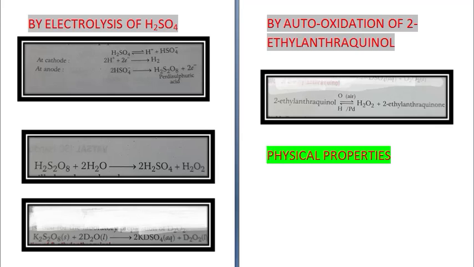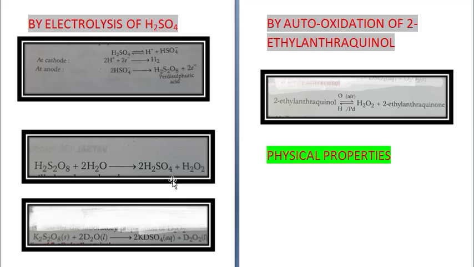At the cathode, the reaction that is taking place is 2H+ plus 2 electrons gives you H2, and at the anode 2HSO4- gives you H2S2O8 plus 2 electrons. H2S2O8 is called peroxydisulfuric acid. Now this H2S2O8 combines with 2 molecules of water to give you 2H2SO4 plus H2O2.